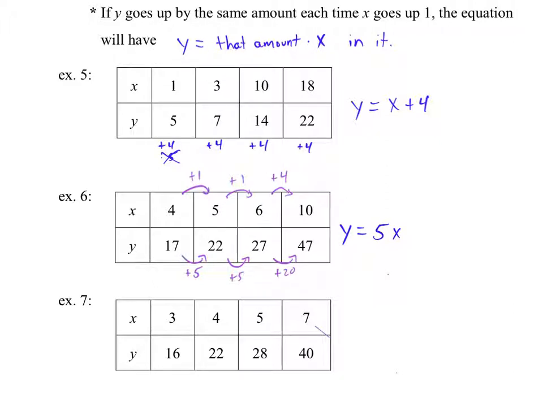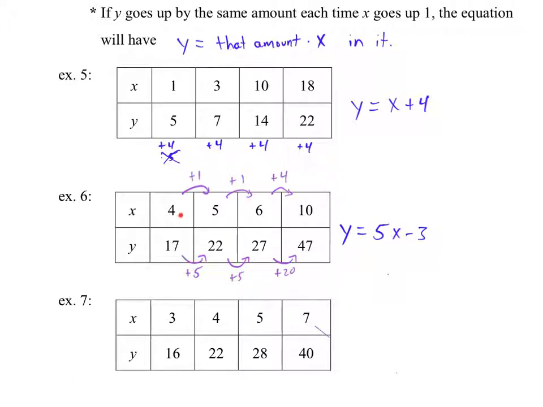Now that equation isn't going to work for all of these, because if I do 4 times 5, I get 20, right? If I do 5 times 5, I get 25. 6 times 5 is 30. Every time I multiply by 5, I'm off by how much? 3. So I'm 3 too high. So if I want to have a correction factor, I put a minus 3.